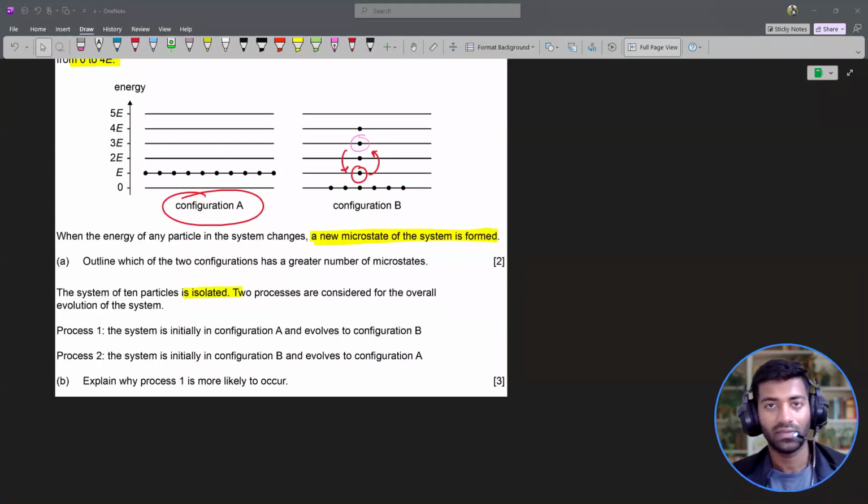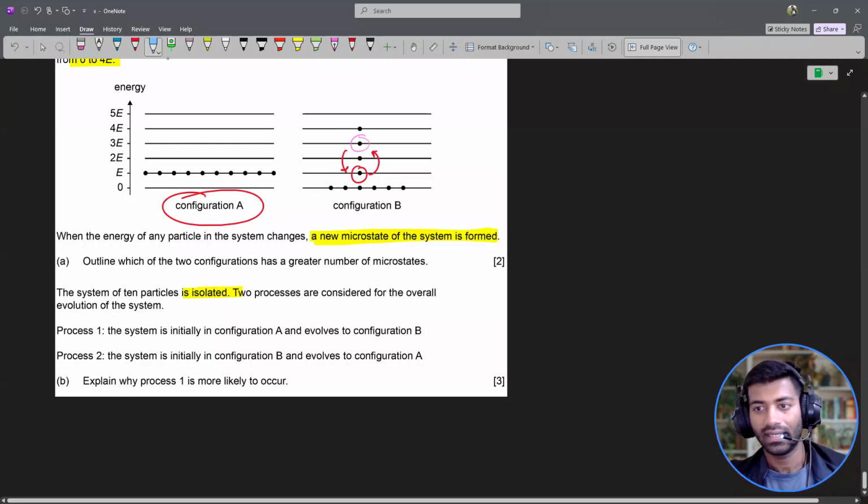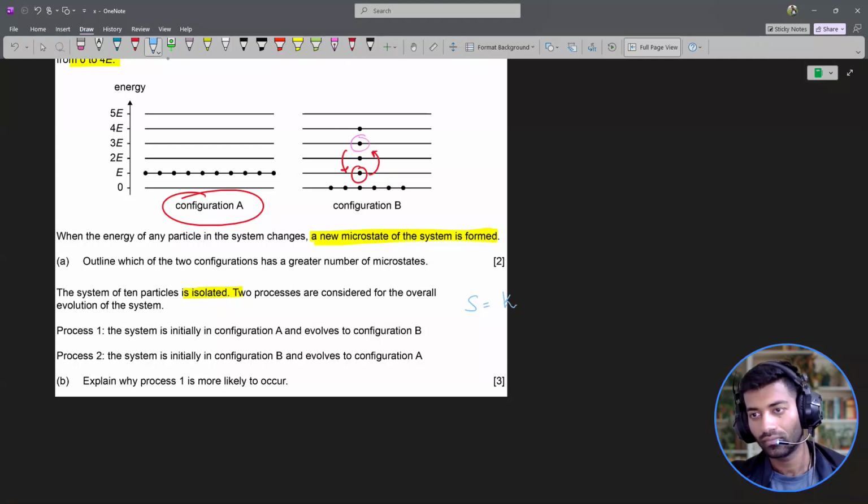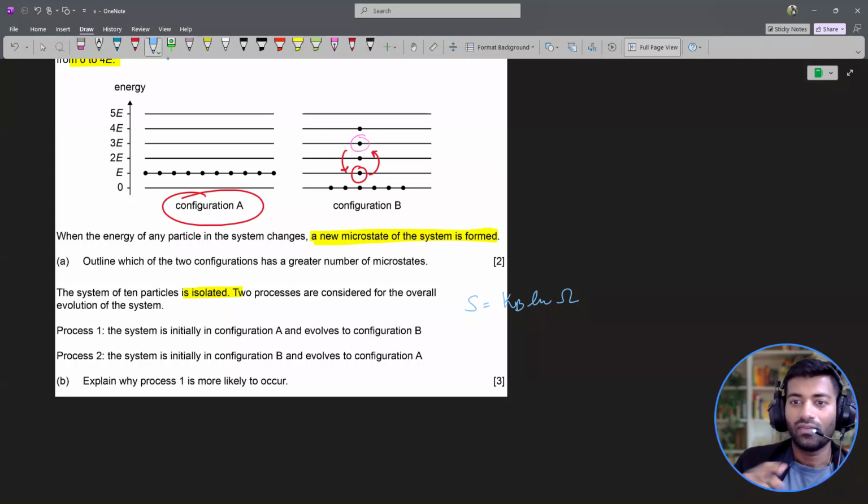So for this part, we will have to go to the formula of entropy. If you recall, entropy is given by S equals k_B ln omega. Omega here represents the number of microstates in a configuration. Configuration A has a certain number of microstates. Configuration B also has a certain number of microstates.